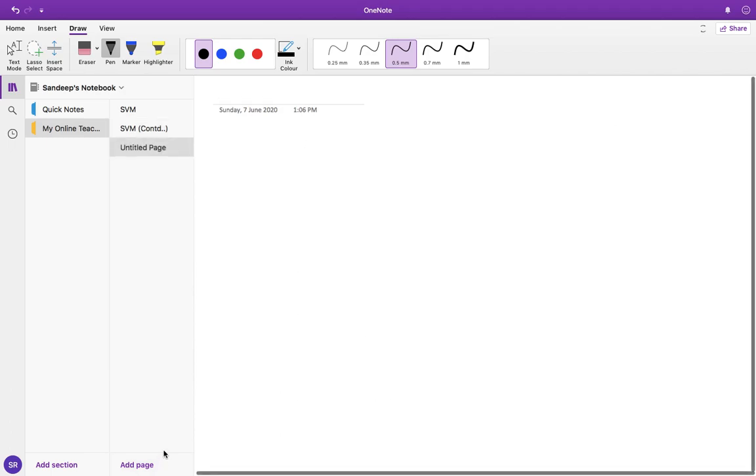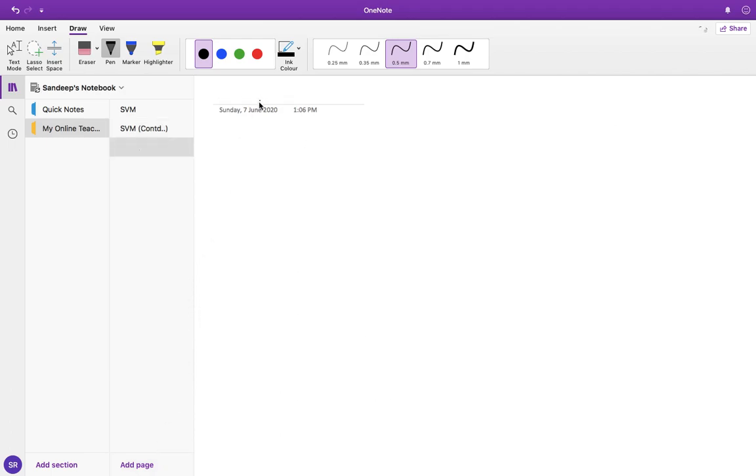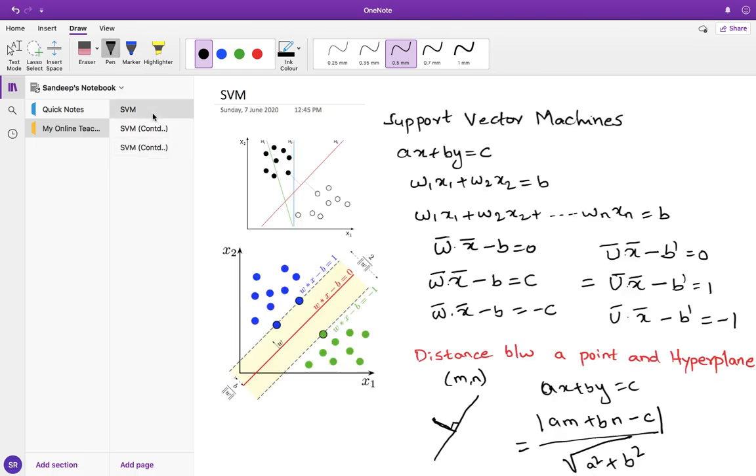Okay, let me go to a new page. So let us go to the core of the SVM algorithm. SVM says that we are supposed to find the equation of the hyperplane which has the maximum distance from the support vectors.